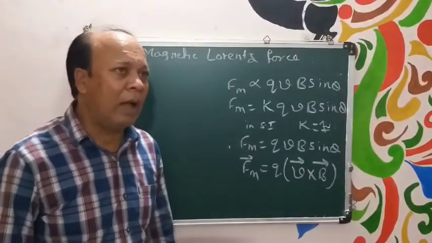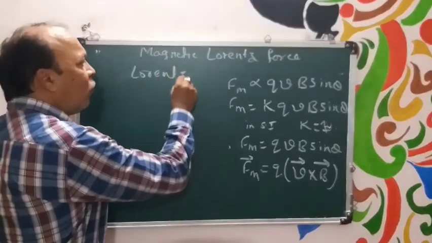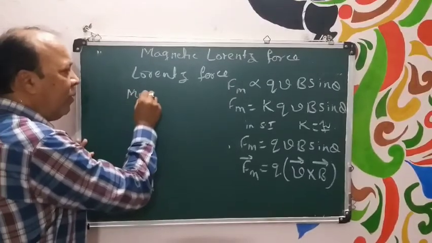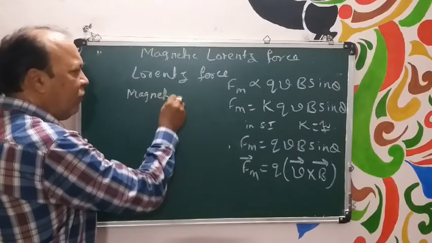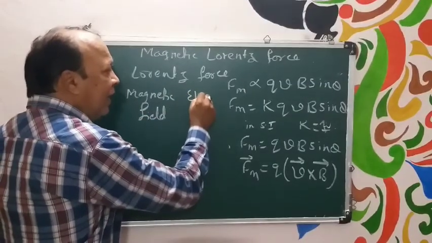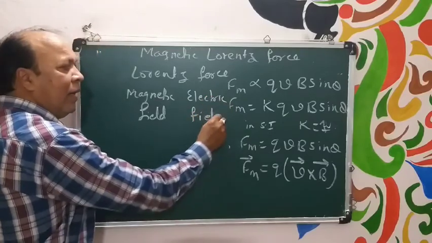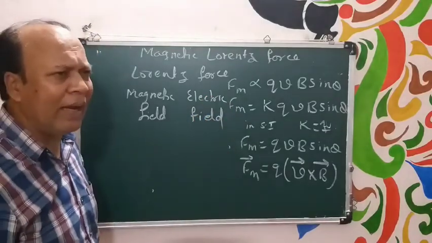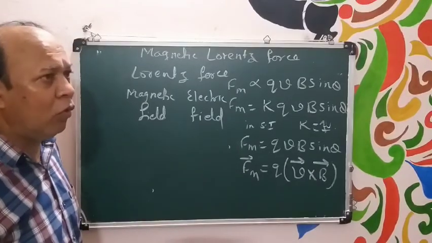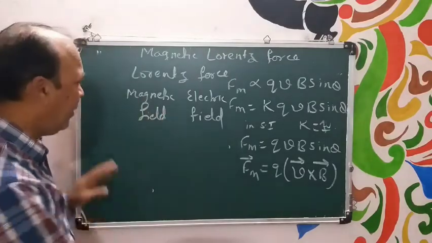Now, if you think about complete Lorentz force, that means it will act due to the magnetic field as well as the electric field. When any movable charged particle enters a magnetic field as well as an electric field, suppose its angle is theta from the direction of B. You will observe that the charged particle will experience both forces.